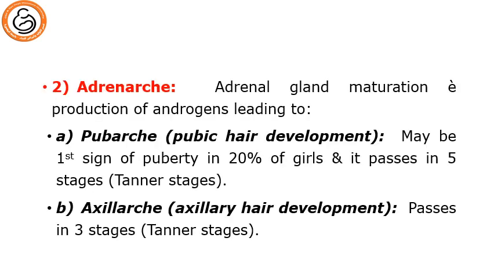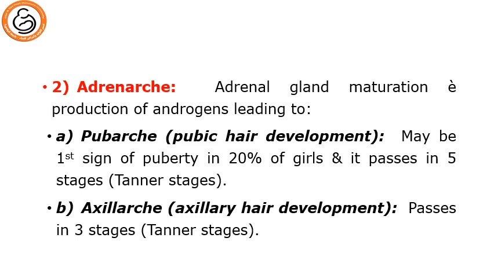The second is the adrenarche. Adrenal gland maturation with production of androgens, which will result in 2 events. The pubarche, which is the appearance of pubic hair, which may be the first sign of puberty in only 20% of girls and precedes the development of the breast, and it also passes into 5 stages, which is called Tanner staging of pubic hair.